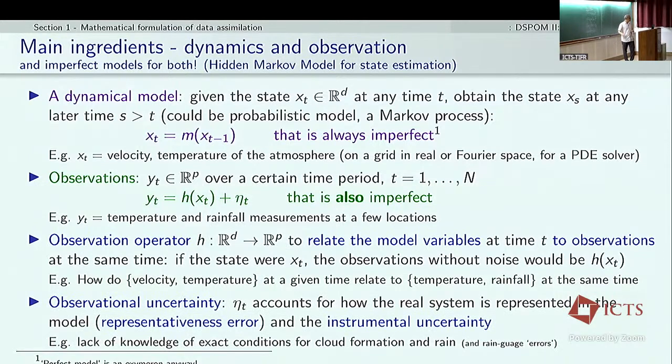Okay, and observational uncertainty. This needs to represent instrumental uncertainty, and what is called representativeness error. A mouthful of a word, but the main difference, in some sense, I don't know if you have discussed uncertainty in any great detail in any of your courses. There are two distinct types of uncertainties.